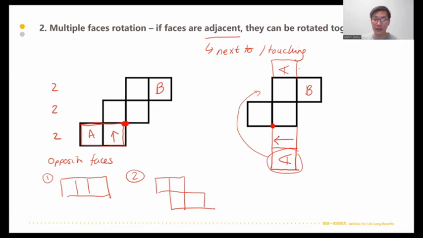So if A is here, then when I put these two together, A and B are actually touching, okay? So that is how we rotate multiple faces together to transform, for example, a 2-2-2 net into a 1-4-1 net, okay? And we're going to do lots of practice of this in a second. So don't worry if you don't totally get it right now, we'll do lots of practice later.